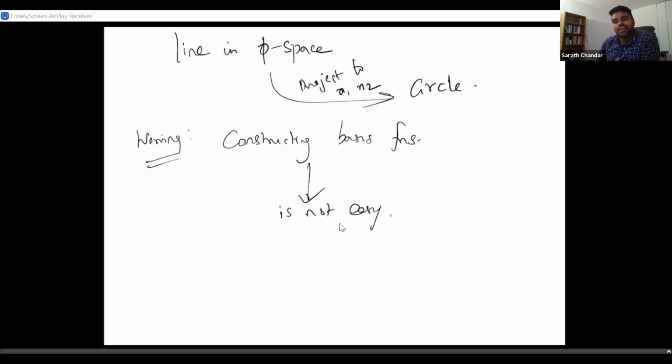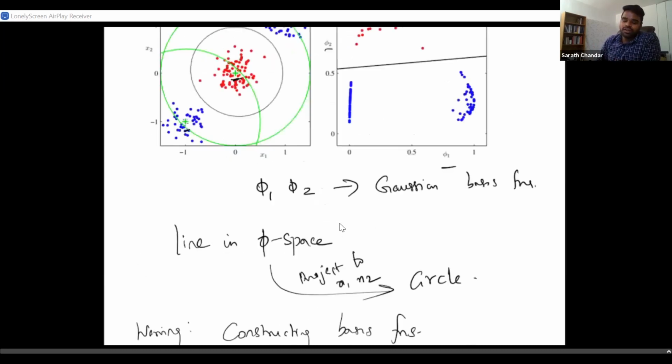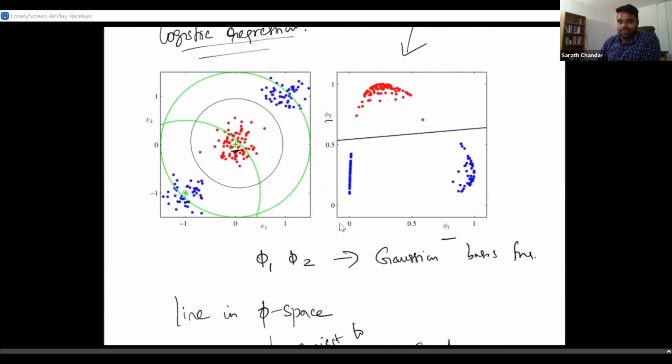You have to construct the basis functions carefully for every dataset and for every task, which could be time-consuming, tedious, or painful. So what we will see in future lectures are algorithms and models which are nonlinear by themselves, so that you can directly learn the nonlinear decision boundaries.